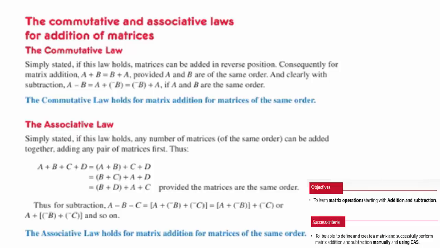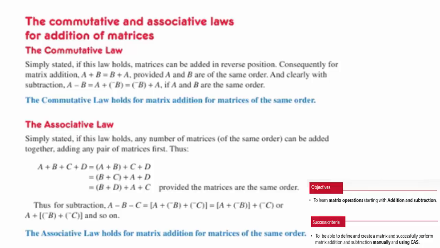So you can group them in any order, the same as before, because now it's adding something negative. So it is exactly the same as before and holds. So the associative law holds for matrix addition for matrices of the same order. And that includes subtraction as well, because subtraction can be seen as adding a negative number.